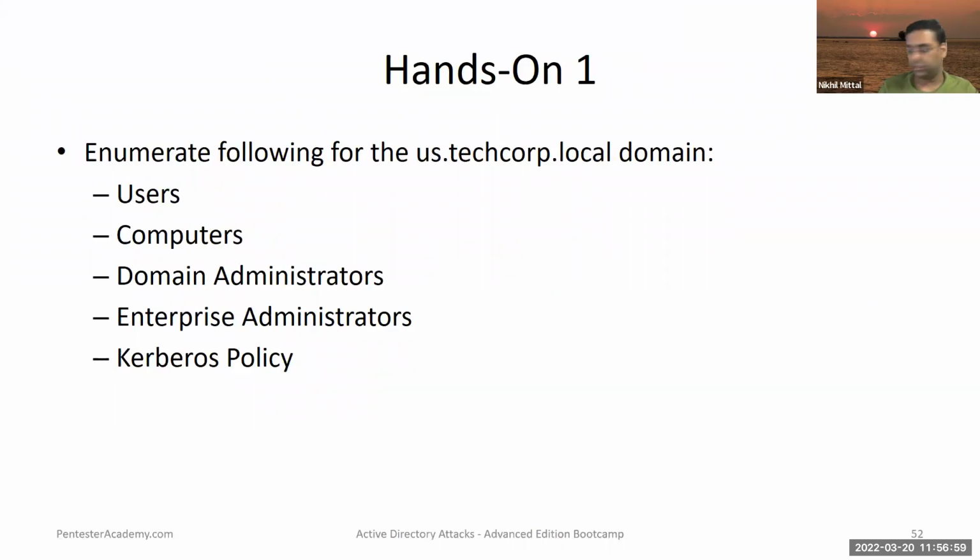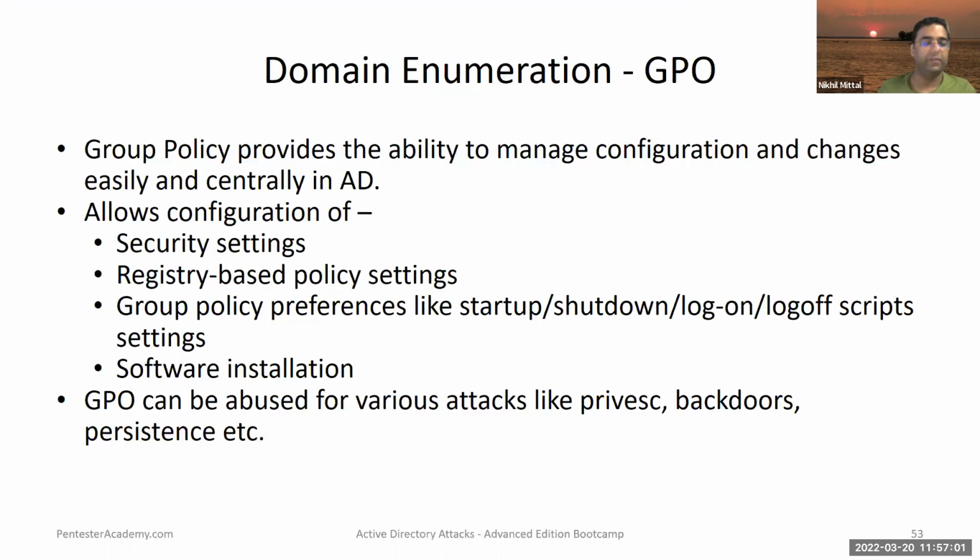Now that was about the first step of enumeration. Let's see what we can enumerate from group policies. Those of you who have never used group policies, think of them as the de facto management tool for on-prem AD.